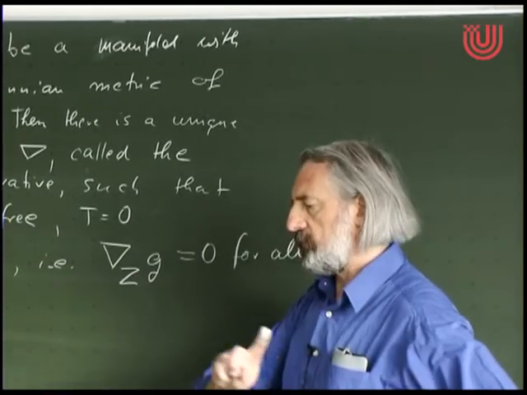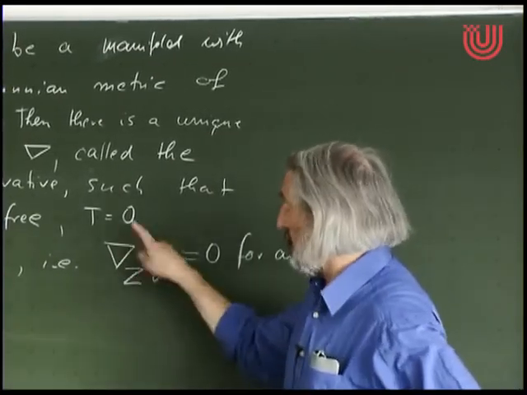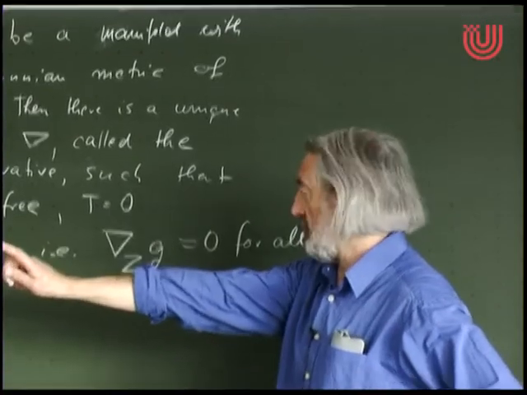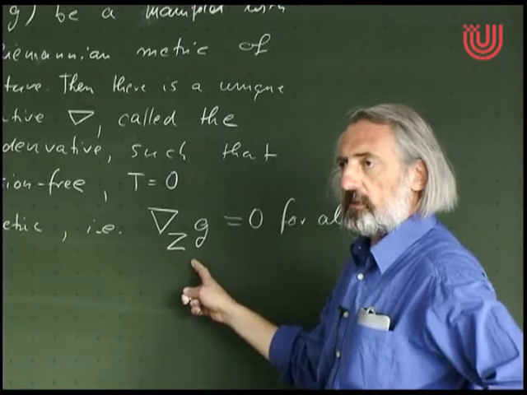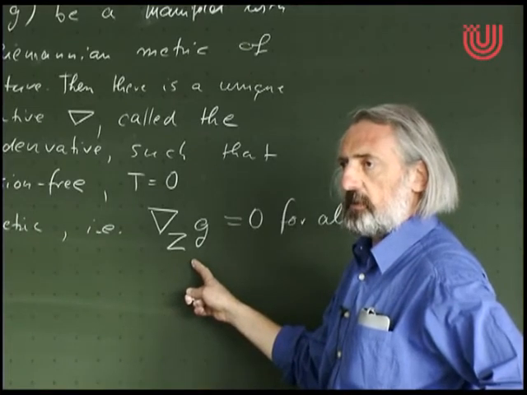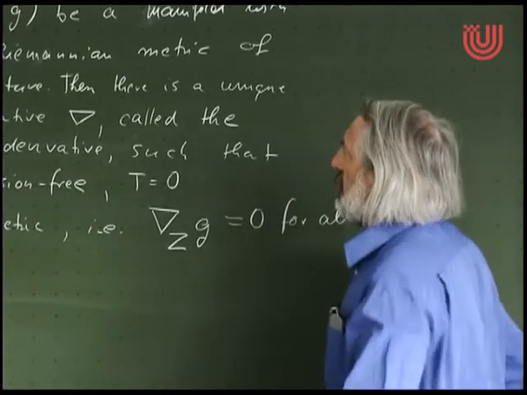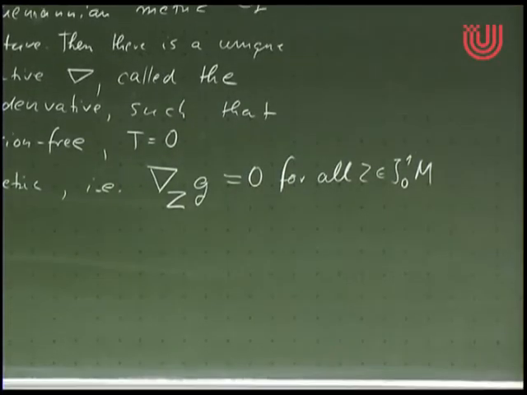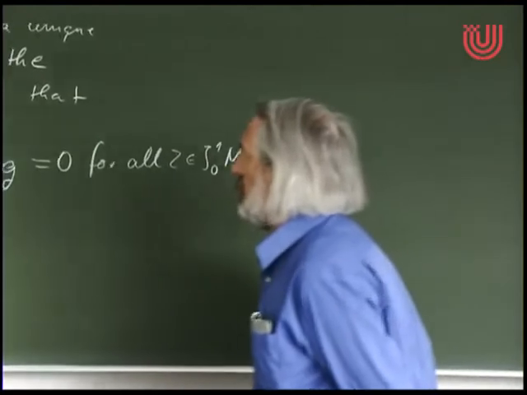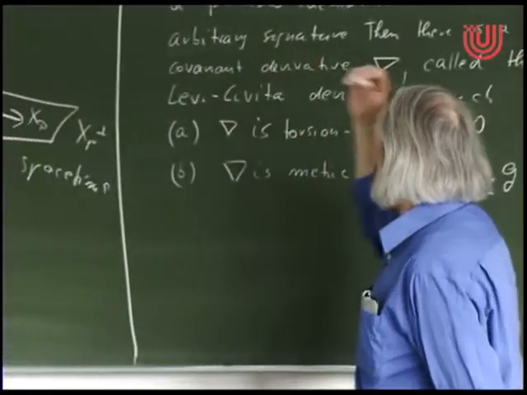So if I parallel transport a vector with the help of this connection along a curve, then its length or pseudo-length doesn't change if this condition holds. That's the geometric meaning of this here. And the claim is that these two properties are satisfied by precisely one connection. And that's called the Levi-Civita connection.